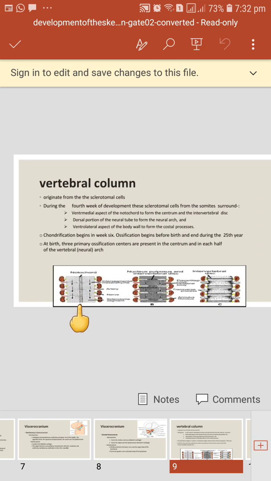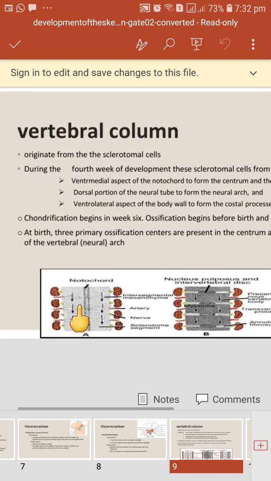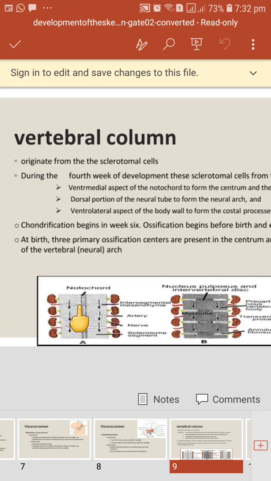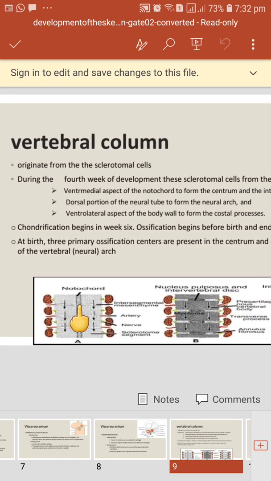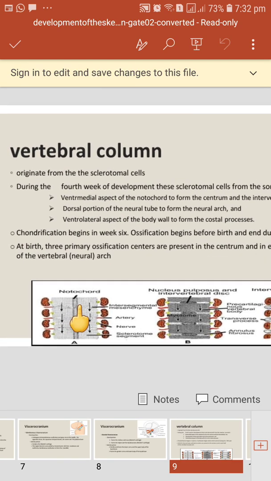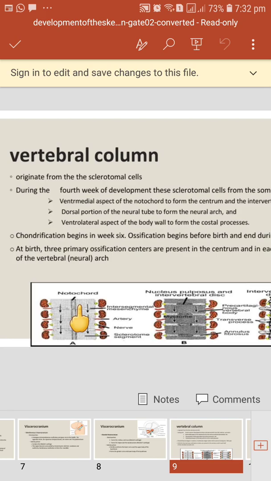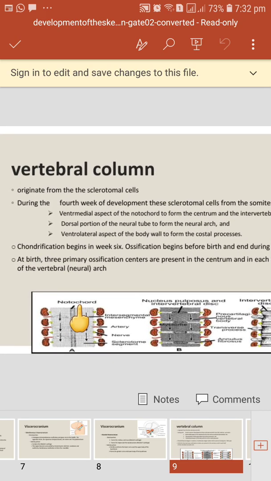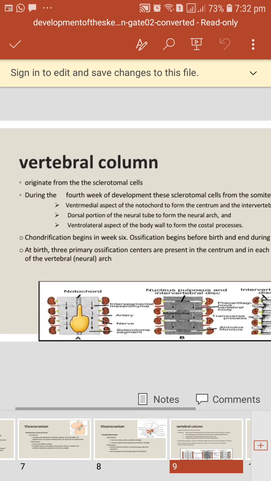This is the diagram in which you can see the midline notochord and intersegmental mesenchyme. Here you can also appreciate the artery, nerve and the sclerotome segments.